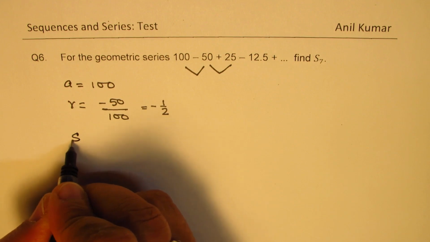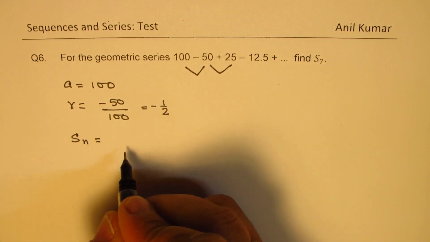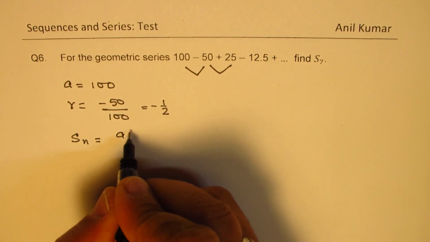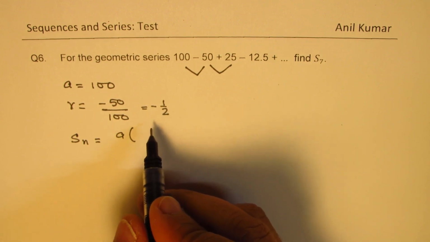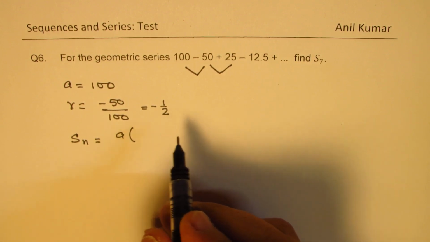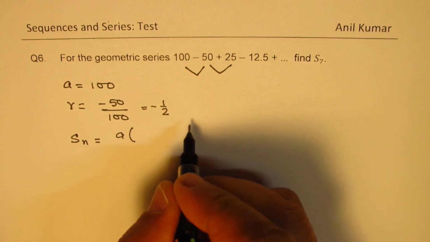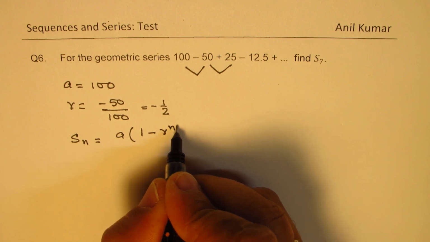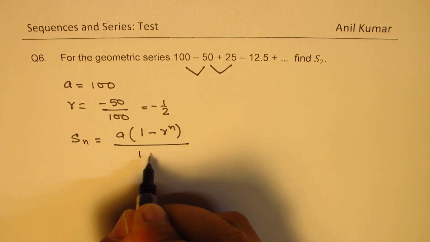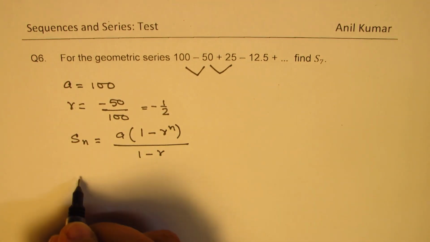Now the sum of series formula for the geometric series is a times... Whenever r is a smaller number, you normally write this as 1 minus r to the power of n, right? So that is what we do. Normally we write 1 minus r to the power of n over 1 minus r, correct? So that is what the formula is.